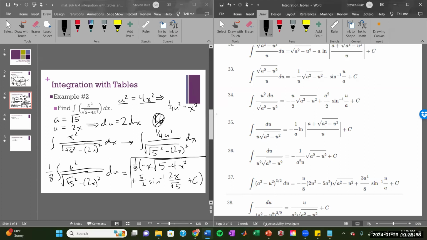Yeah, so a couple things here. Trying to think of how I might do this without that. Is there a substitution that would work directly? I'm not seeing one.